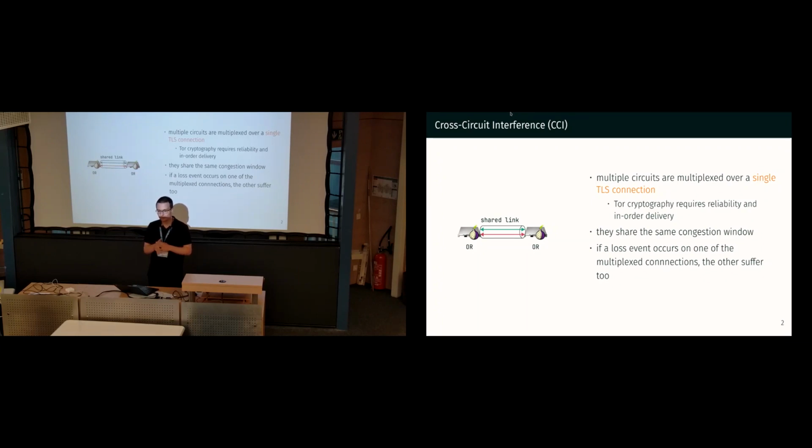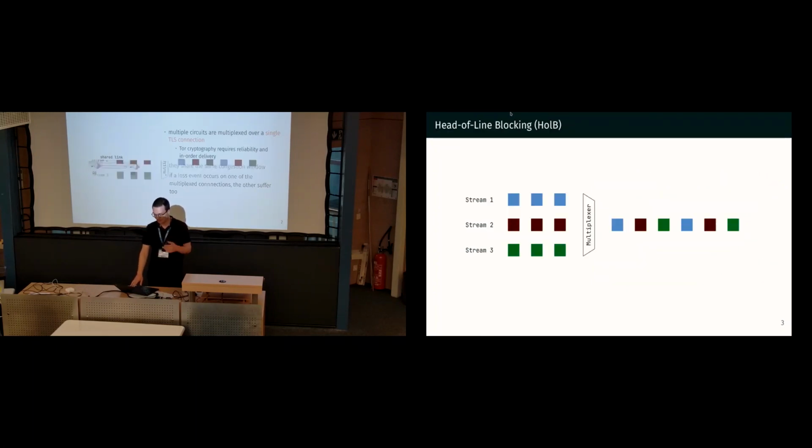And if a loss event occurs for one circuit, then the other circuits also suffer. That problem is called cross-circuit interference in Tor. The underlying problem is head-of-line blocking, where we have three streams over one data line. If you have packet loss, not only stream 3 suffers, but also the other streams.